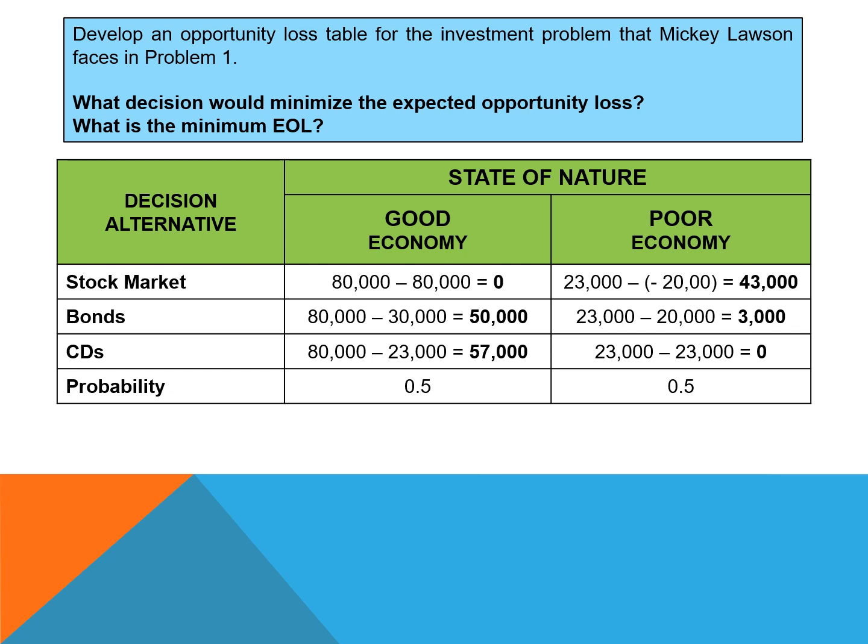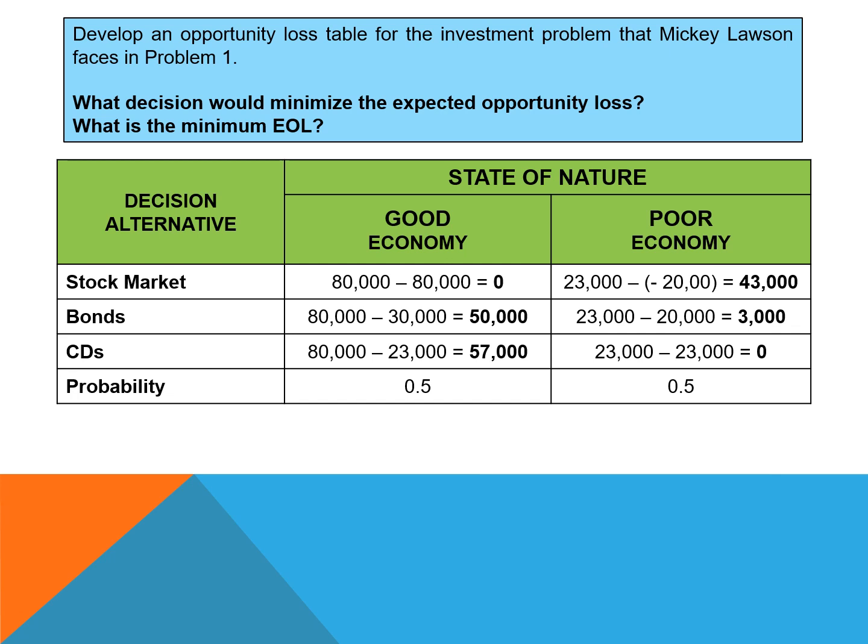Then we subtract from it the payoff for each alternative. Under the stock market, if good economy, 80,000 minus 80,000, 0. Then bonds, 80,000 minus 30,000, 50,000. And for CDs, 80,000 minus 23,000, 57,000, and so on.